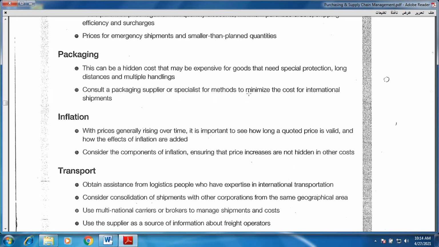We want to minimize the risk of damage or the problems of international shipment. For example, when cars are moved among continents across the ocean or sea, they are moved on ships.